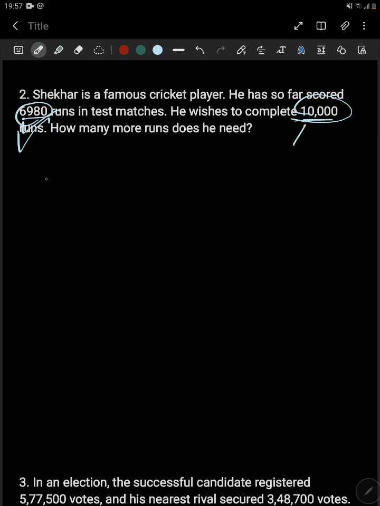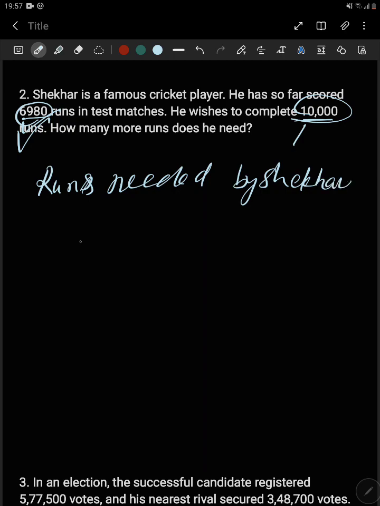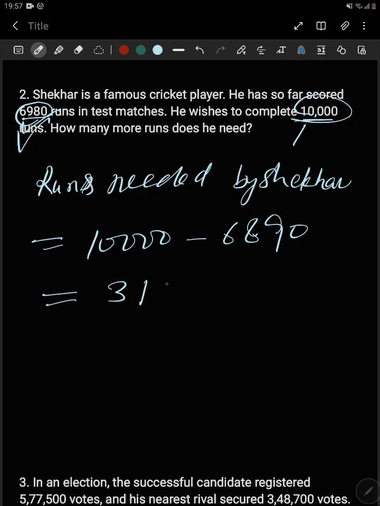So runs needed by Shekhar will be equal to 10,000 minus 6980. And this will come out 3110. I think this is the answer.